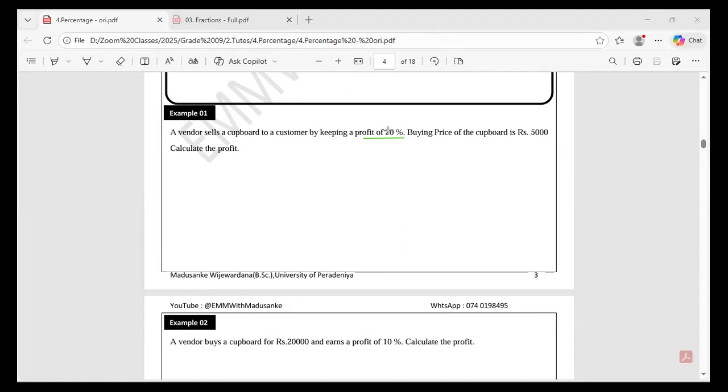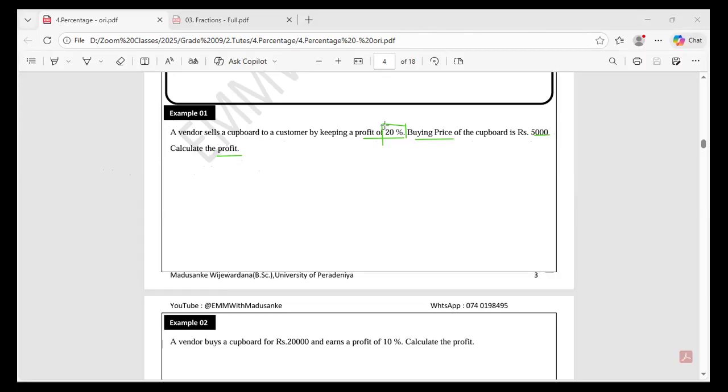So 20% means you have been given the profit percentage. And the buy price has also been given. Buy price of the cupboard is 5,000 rupees. Then they are asking you to calculate the profit.